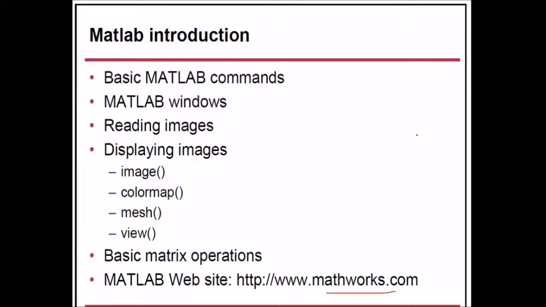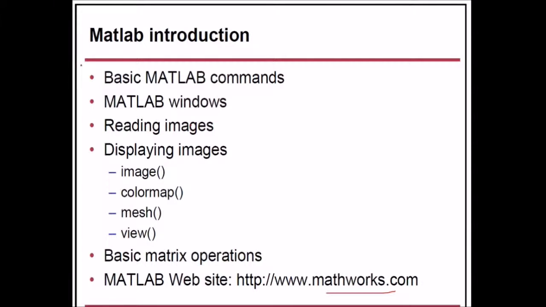Since a digital image is in the form of a matrix, and an image is a two-dimensional light intensity function, we have data or brightness values in the form of rows and columns. That is why Matlab is very important as far as image processing is concerned.